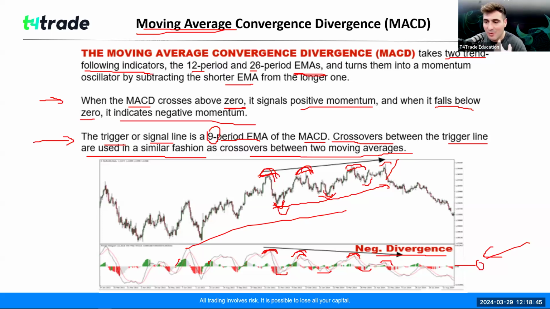It means that the bears are entering the picture more and more after each and every pickup of the price action. You see a build up of the bears in here.